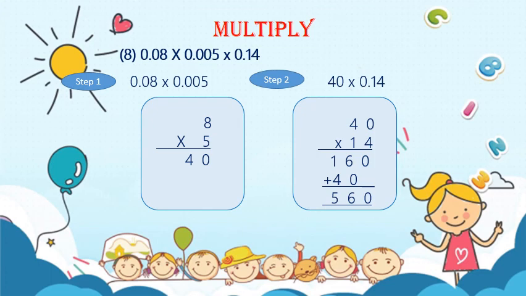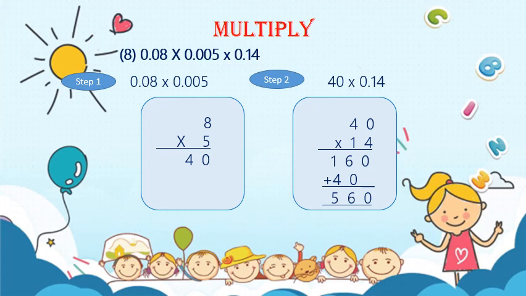So now what we have to do, we will count the number of decimal places in all the 3 decimal fractions. 0.08 has 2 decimal places, 0.005 has 3 decimal places, and 0.14 has 2 decimal places. So 2 plus 3 plus 2 is equal to 7, right?